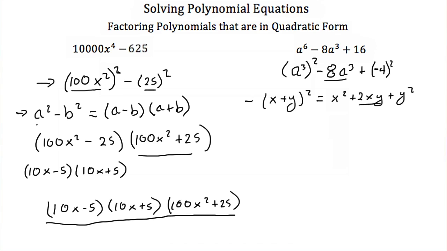So we can use this identity to factor this equation, so this would end up turning into a cubed plus a negative 4 squared. Or to simplify, this is a cubed minus 4 squared.